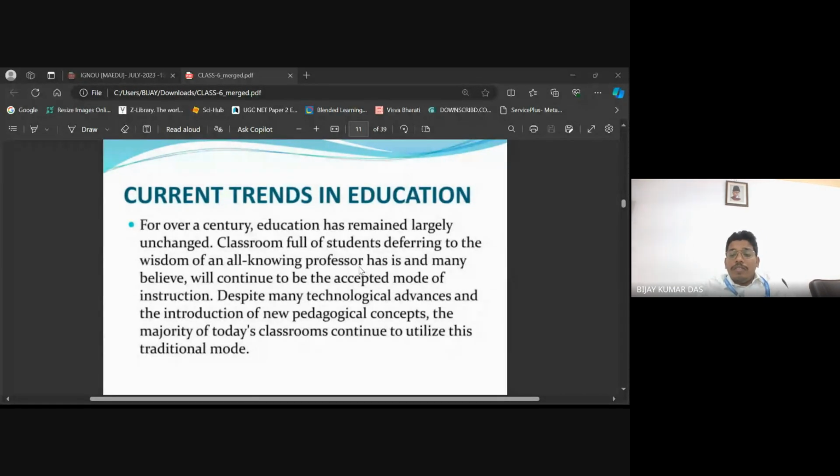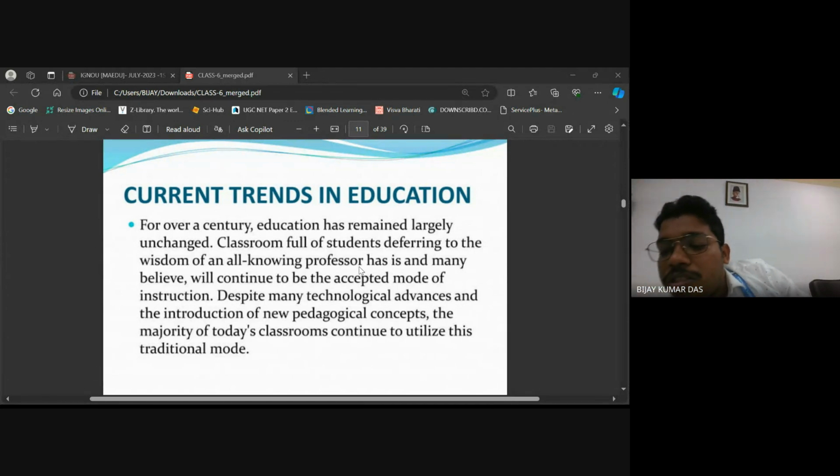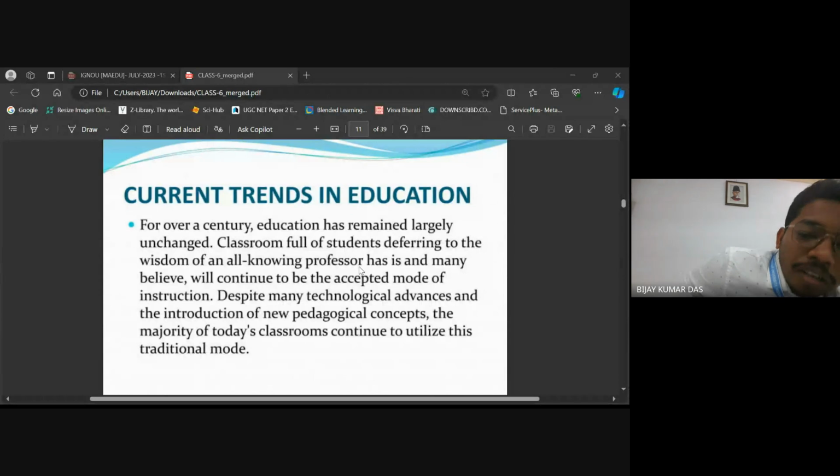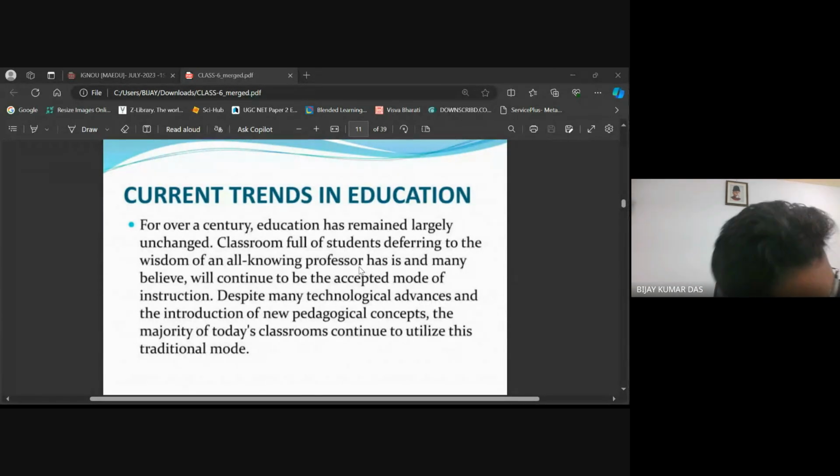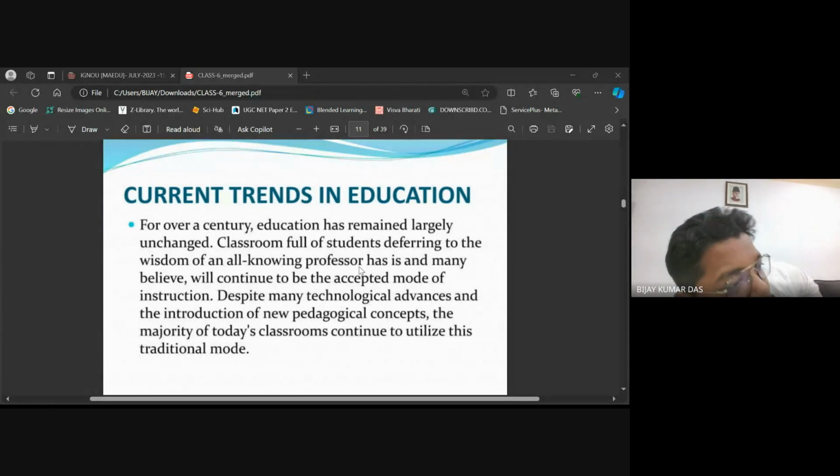Without innovations, without research, without change, there is no development in the nations. For development, we have to conduct research, we have to have innovations, we have to take some steps and activities for the development of our country as a whole, right?